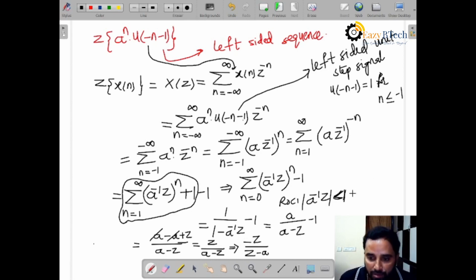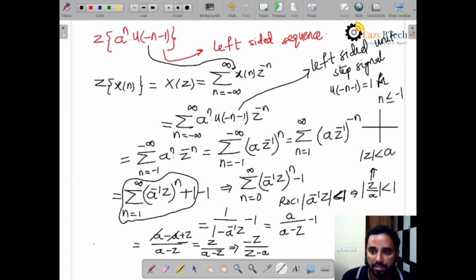And what about ROC? Simplify ROC here. |z/A| is less than 1. Now |z| is less than A. If you plot ROC, we take real axis and imaginary axis.